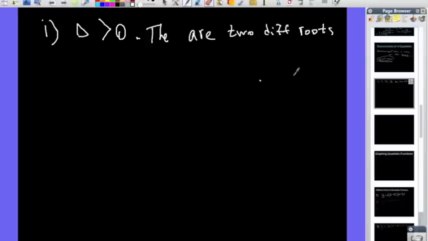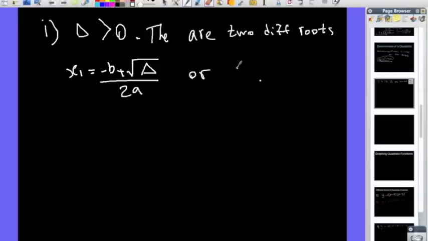Stuff that you should know about the delta, the discriminant. If delta is greater than 0, that means there are two different roots: x1 equals -b plus root delta divided by 2a, or x2 equals -b minus root delta divided by 2a.